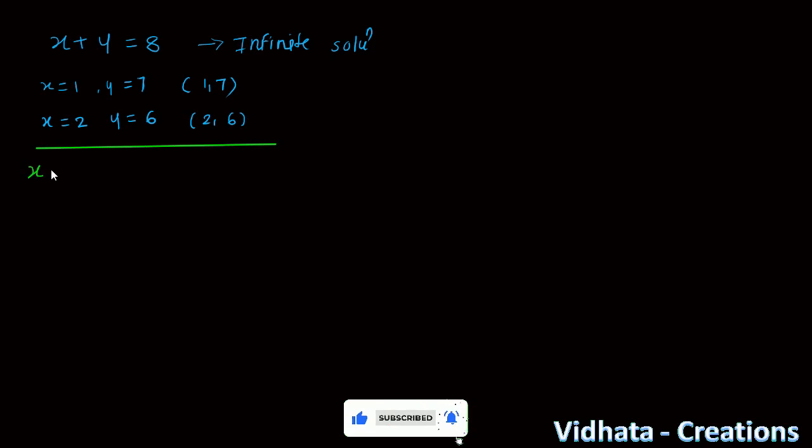While finding the value of y in the equation, you first take simple values, simple integers, for x: 0, 1, 2, 3, like this, and find the corresponding value of y.